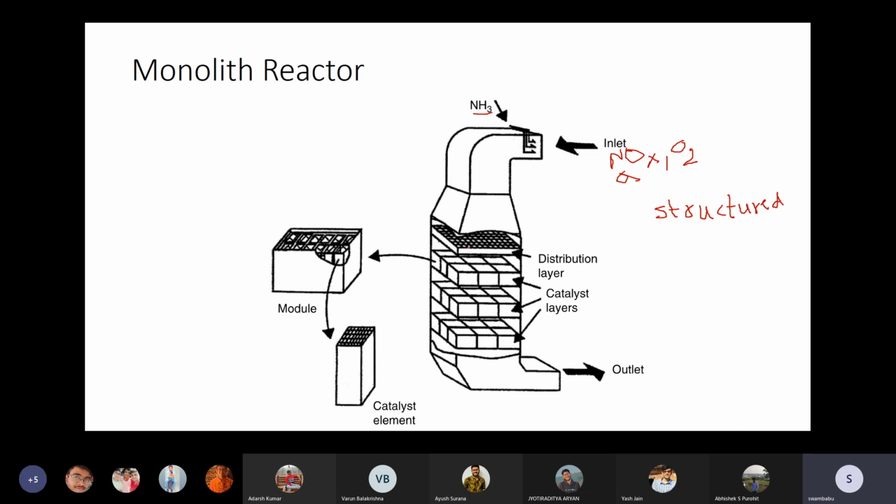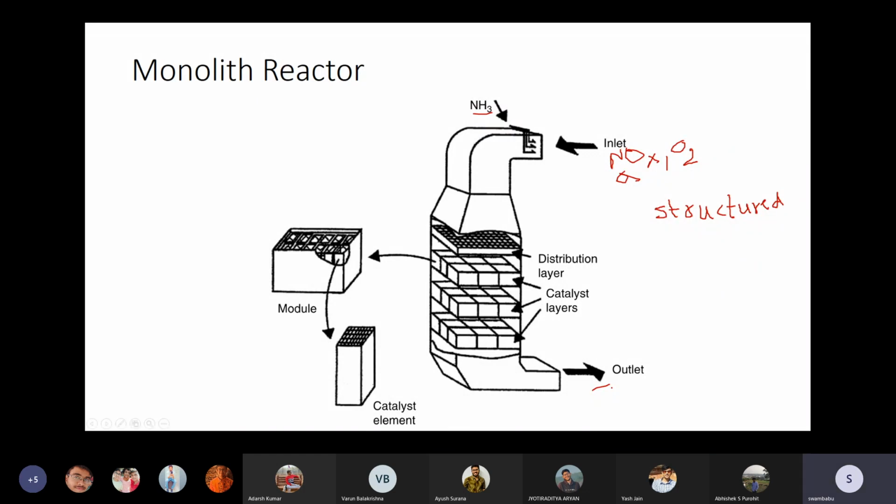So the outlet gases will predominantly contain nitrogen and water vapor. This is a quick reaction, and often we can achieve a very high conversion rate using these monolith reactors. A very little amount of NOx gas will still be there, but its concentration will be very low after passing through the monolith reactor.